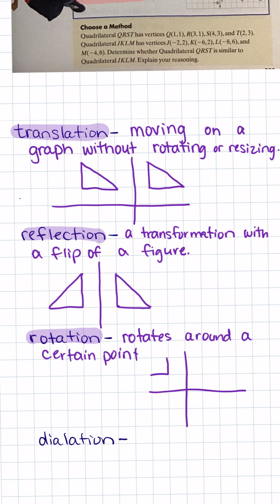If we have this here and it's rotated 90 degrees clockwise, then it's going to be like that. It goes all the way around. This is where it would be if it was 180 degrees, and this is where it would be if it was 270, and that's only if this is the original. Okay, so that's a rotation.